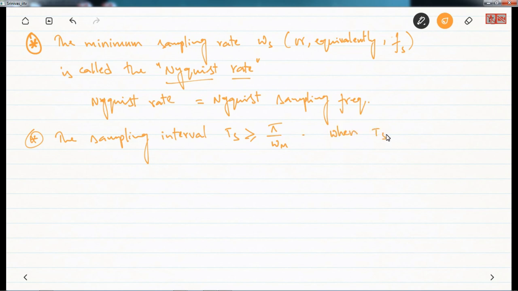So when Ts is equal to pi by omega m, it is called the Nyquist interval. The minimum sampling rate or maximum sampling interval. Nyquist interval, sorry.